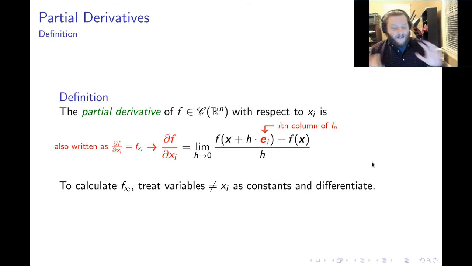If you know how to take derivatives in Calc 1, you can take derivatives in multivariable calculus. The idea is that to calculate the partial derivative of f with respect to the ith input variable, we treat all of the variables not equal to the ith input variable as constants, and then we differentiate the expression with respect to the variable of interest. So hold everything constant except whatever variable you're studying, and then take a derivative with respect to that variable.